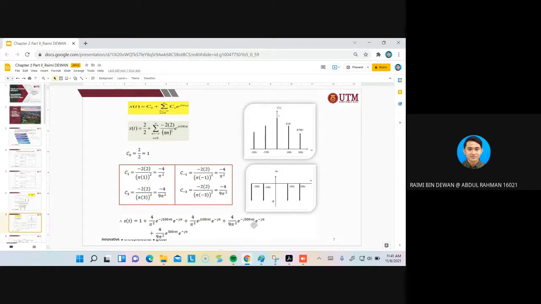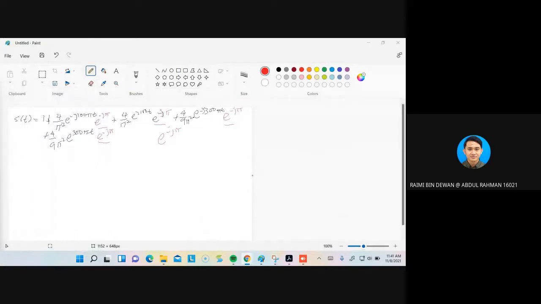But we don't have e^(-jπ) in the first place. Where do we actually get this e^(-jπ)? How on earth do we suddenly have that thing?